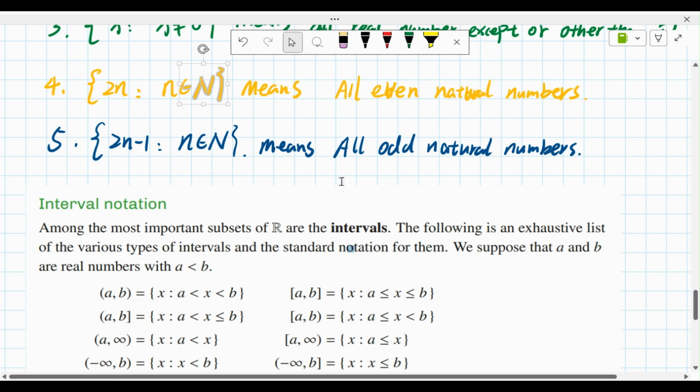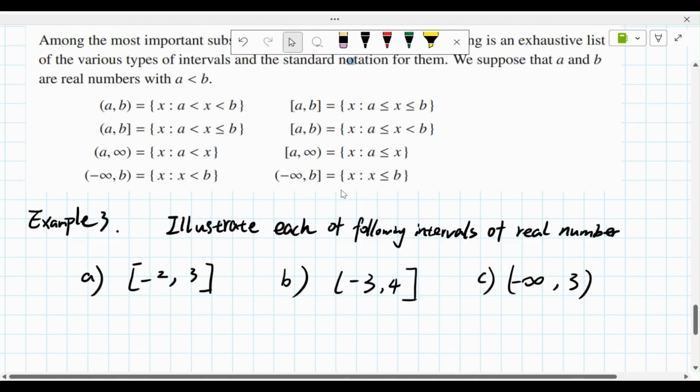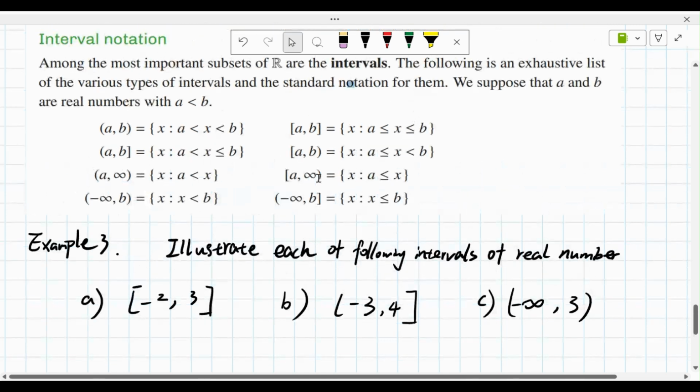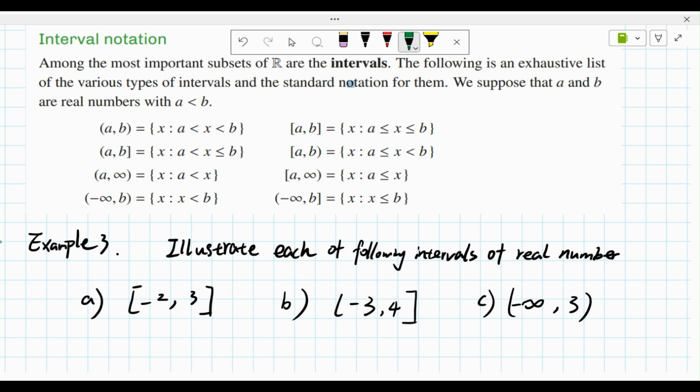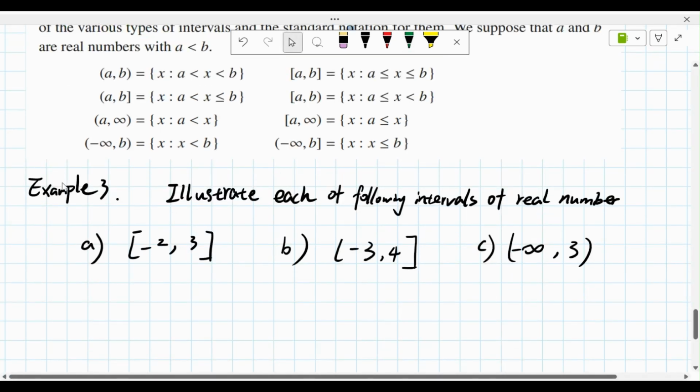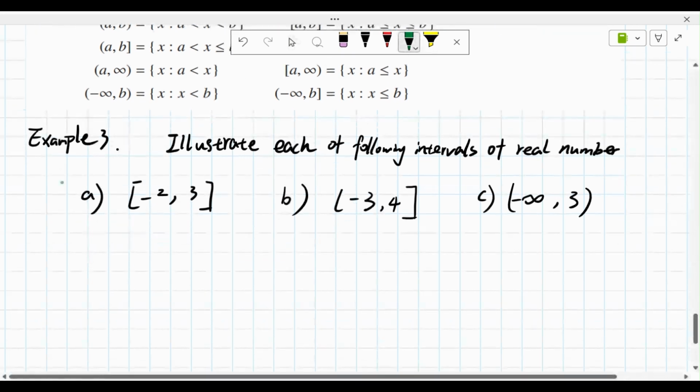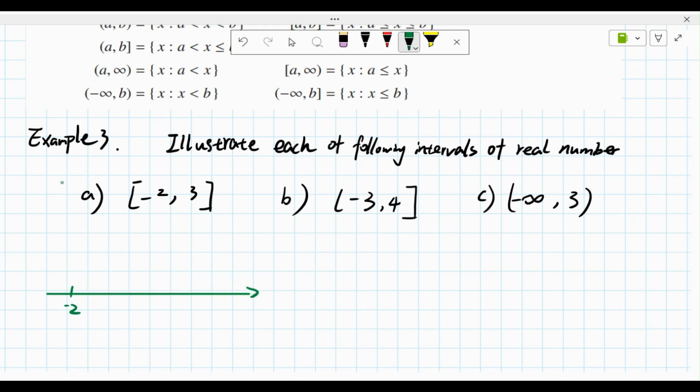Okay, so make sure you notice the interval notations. There you go, that's the difference in the intervals. Let's go to the examples. We're going to write each one of them on the number line. First, in A, we start from negative 2 to 3, so there's a 0 in between.